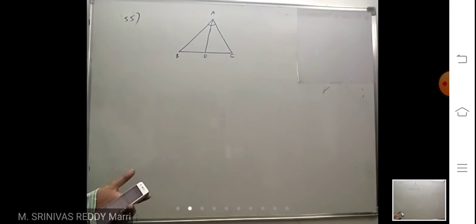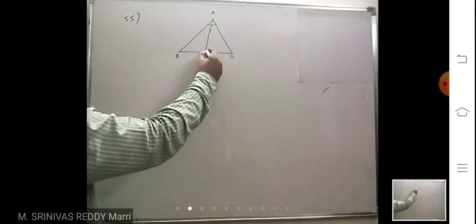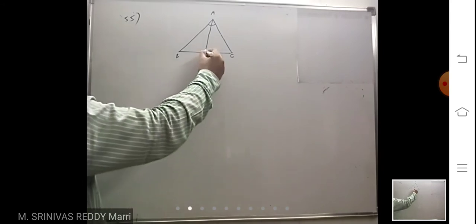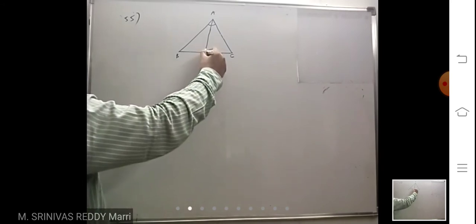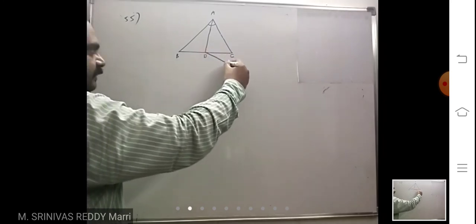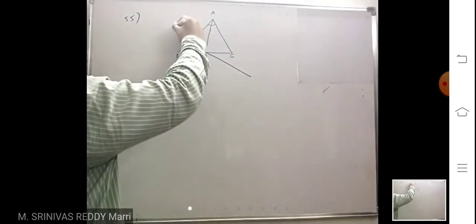Now, a line is drawn through D and perpendicular to AD. Look here, I am drawing a line which is passing through D and perpendicular to AD.